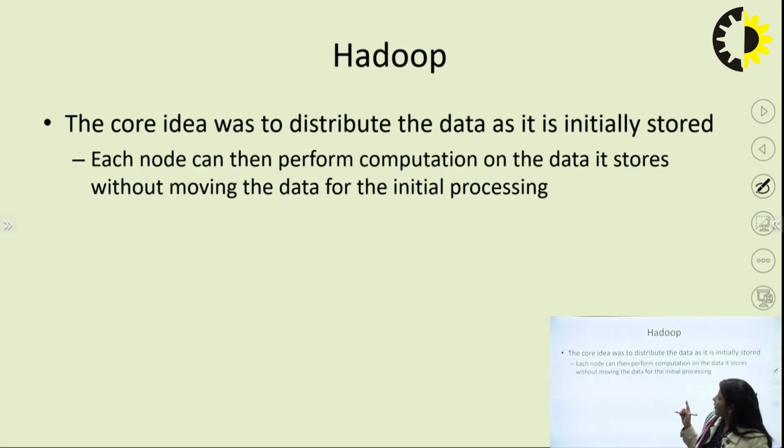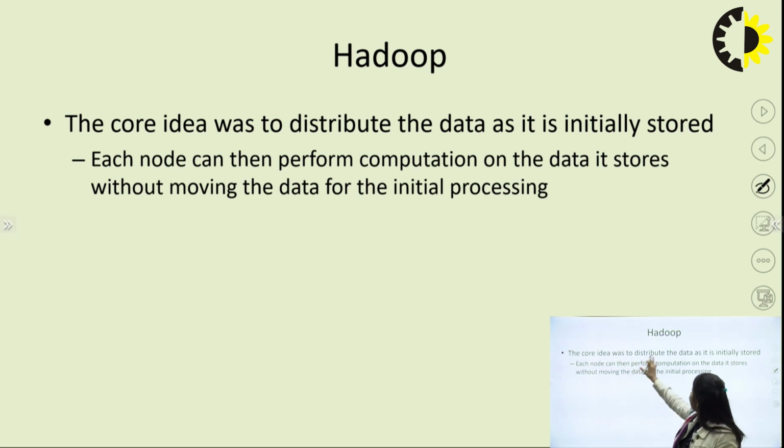In Hadoop, the core idea was to distribute the data when it is initially stored. We divide the data among all the systems, so that each and every system operates on its own data.